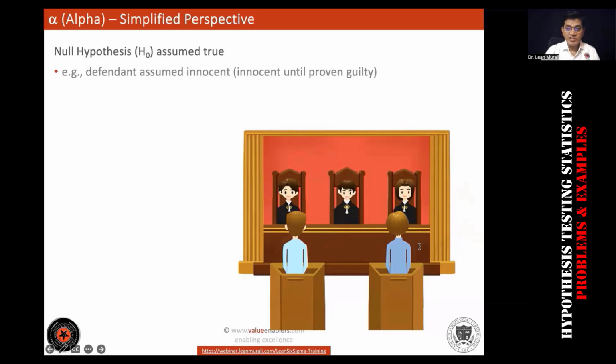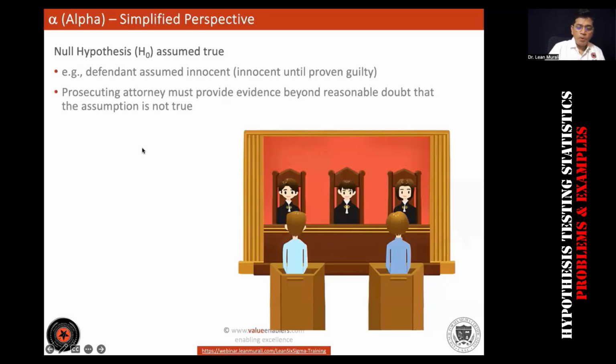He is innocent. Even though you make a claim that he has done a mistake, he has done the crime, he has done the robbery, he is innocent. That is the null hypothesis. There is no difference. He's a normal person, and you need to provide enough evidence to prove he is wrong. Innocent unless proven guilty.